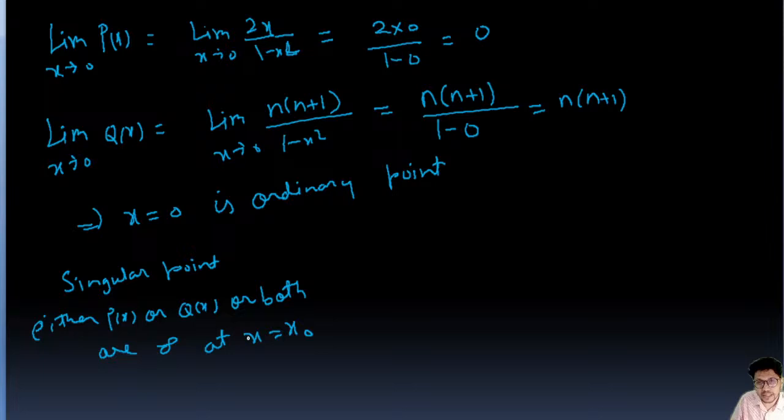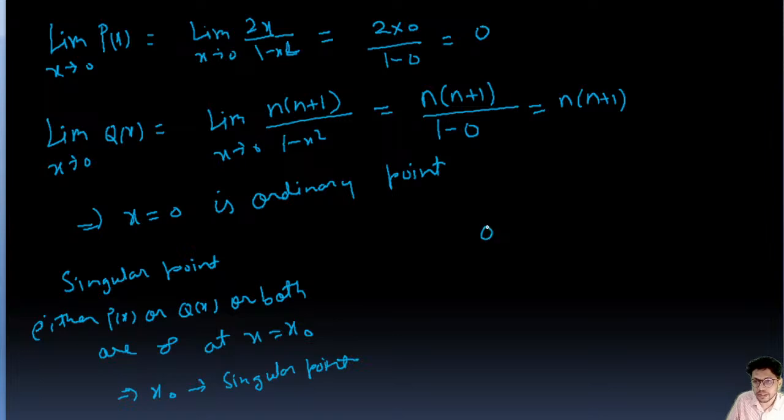If the value of p(x) or q(x) or both is infinity at x equal to x naught, that means x naught is a singular point. And for this we use the Frobenius series.